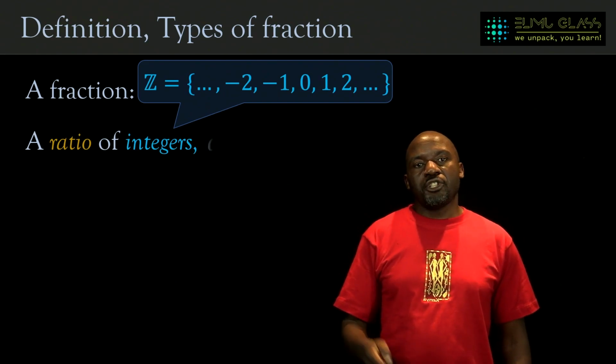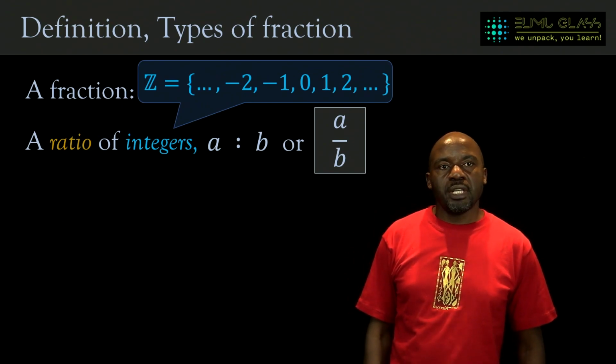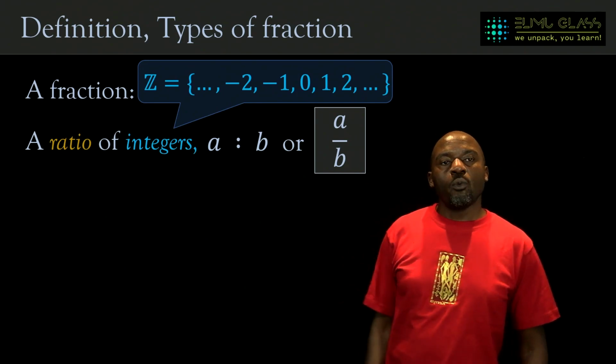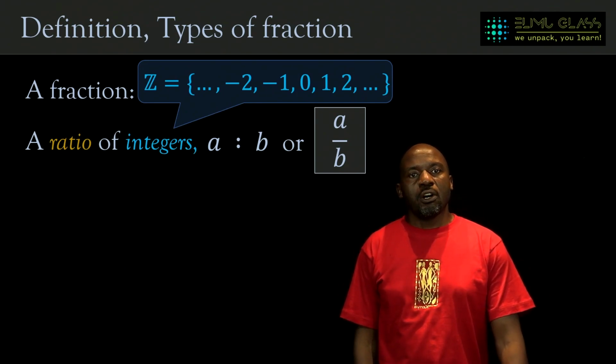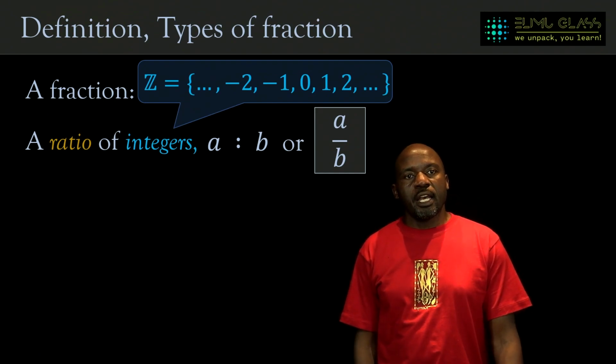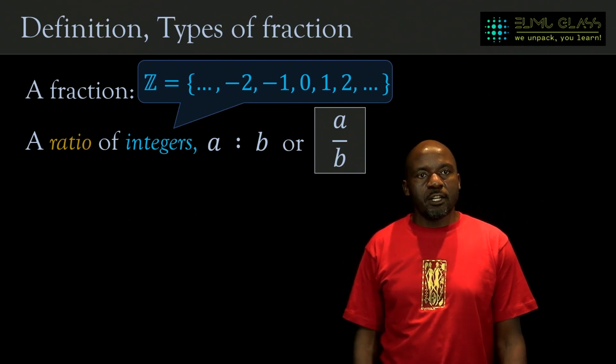Okay, so a ratio, we already know, A is to B is the ratio of A to B, which can also be expressed as A over B. And when we express it this way, we refer to it as a fraction. So a fraction is a ratio of integers A and B, where B must not be 0.